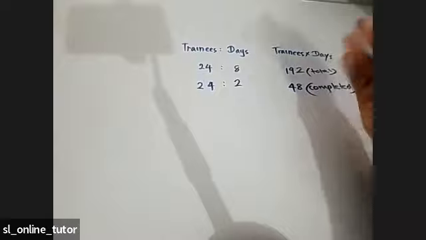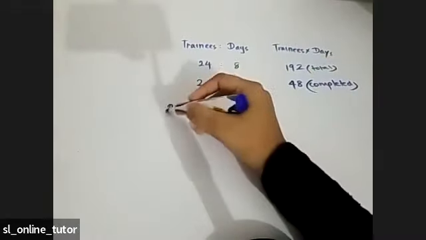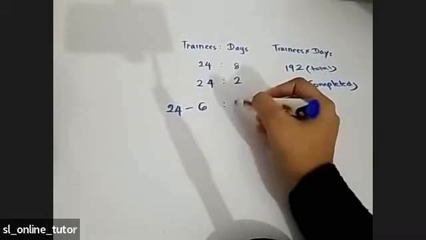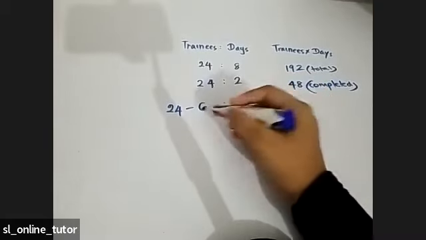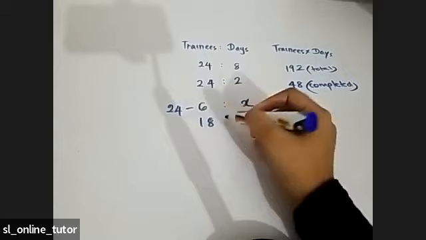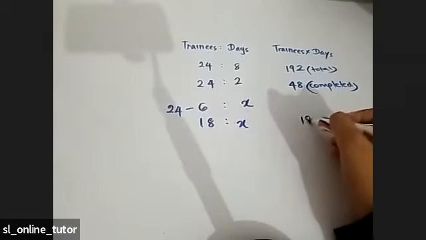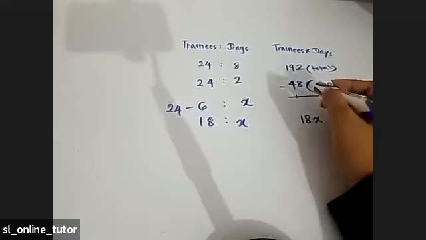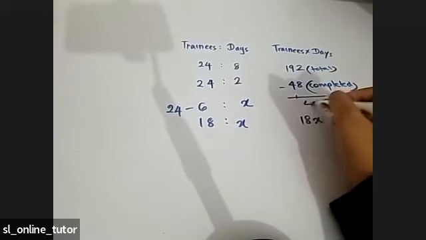Earlier we had extra cattle, now they are leaving. 24 minus 6 is 18, so 18 is to x, you get 18x. You can subtract and see, you get here 144. So now it's easy.